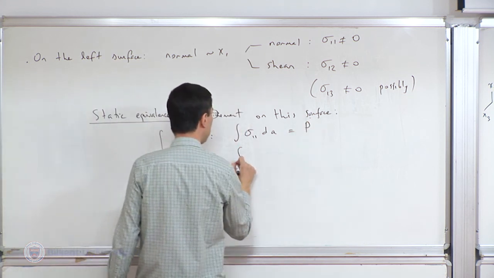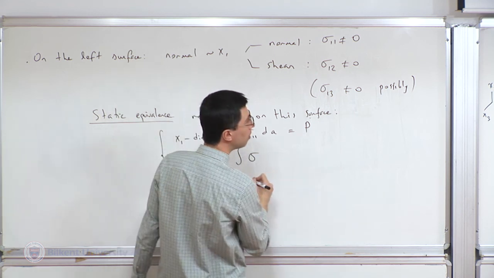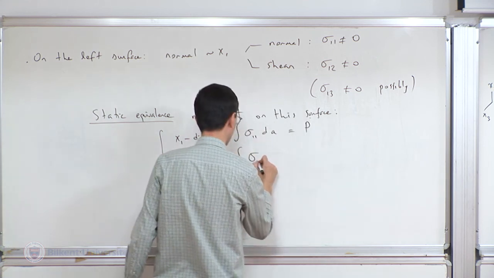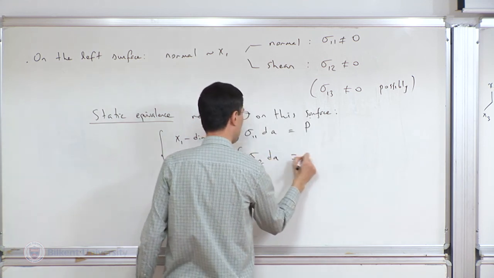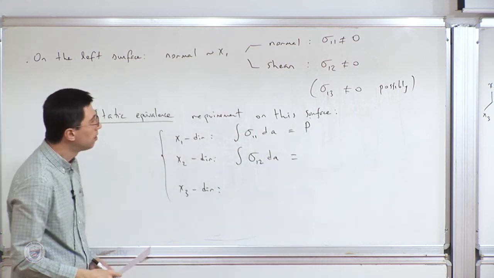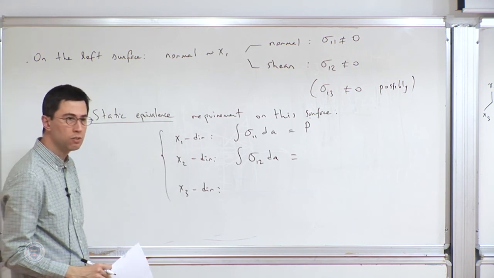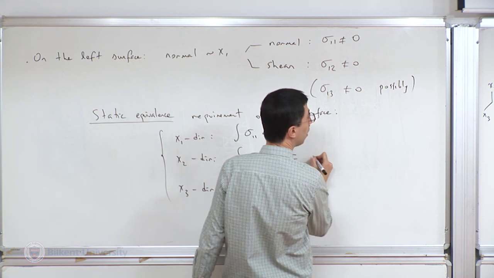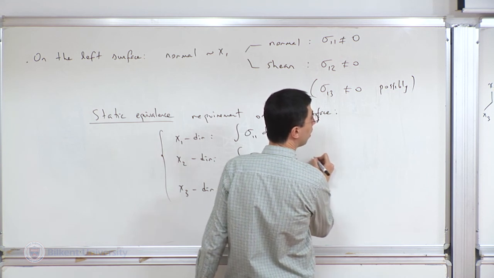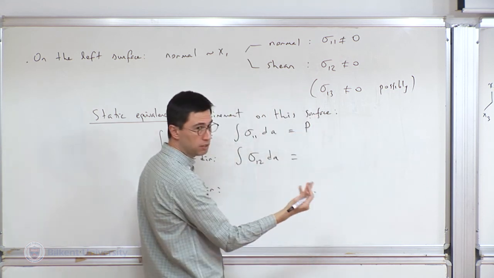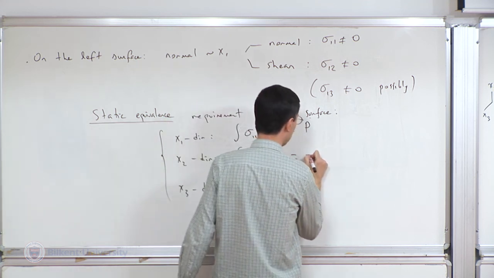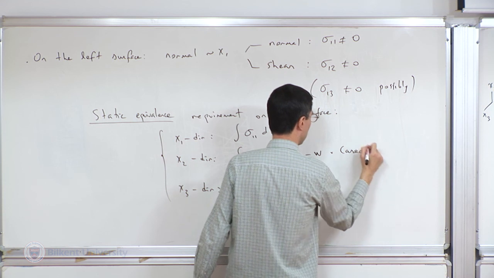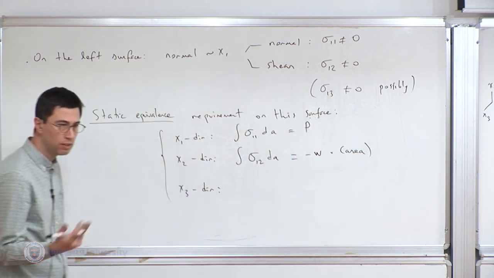And if I integrate sigma 1, 2, assume that W is a constant. So by static equivalence, it should be equal to minus W times the area of that surface, whatever it is.